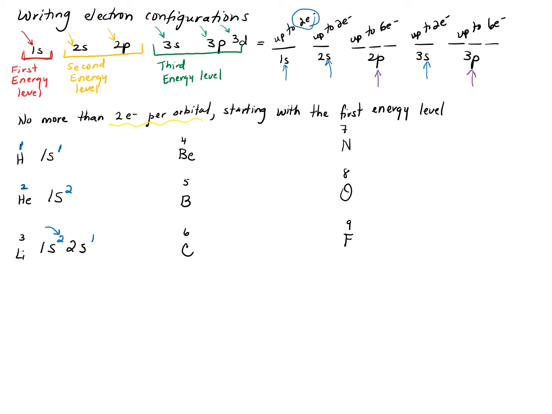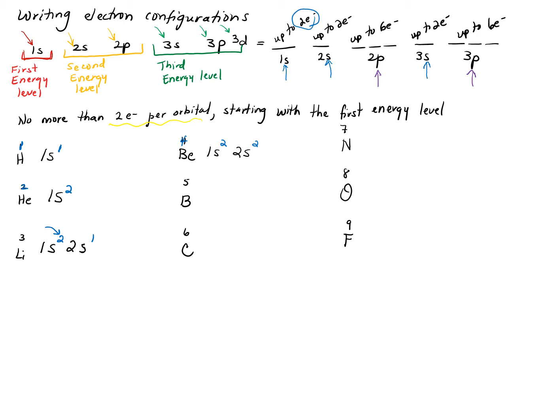So 4 means that you have 4 electrons. So electron configuration starting at 1s, you can have up to 2 electrons, so that one is done. And now we move to the 2s, and in the 2s you can have up to 2 electrons. So that gives you a total of 4 electrons, which is the number of electrons that you have for beryllium.